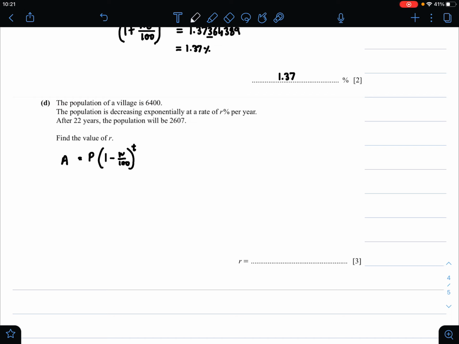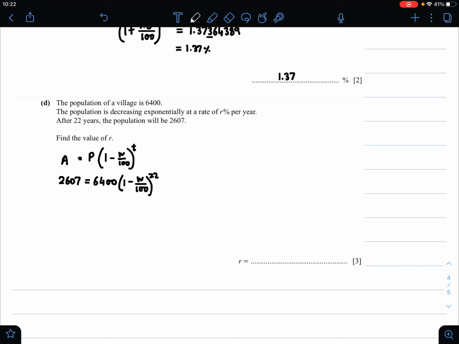The amount after the 22 years that they've given to us is 2607, equal to the original population, that was 6400, multiplied by 1 minus R, because we have to find R, so let's leave R as it is, divided by 100, raised to T, which is the number of years, so 22.